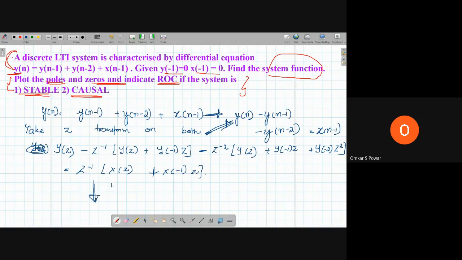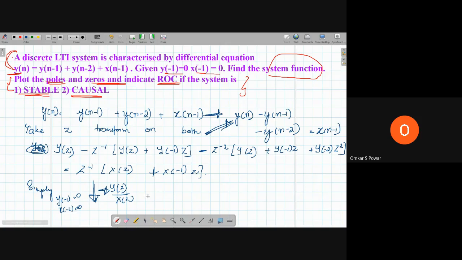So solve in terms of Y(z) by X(z), because on the right hand side you have X(z) here. So express it in terms of Y(z) by X(z). I'll write here, simplify by taking y(-1) equal to 0 and x(-1) equal to 0, and get your Y(z) by X(z).